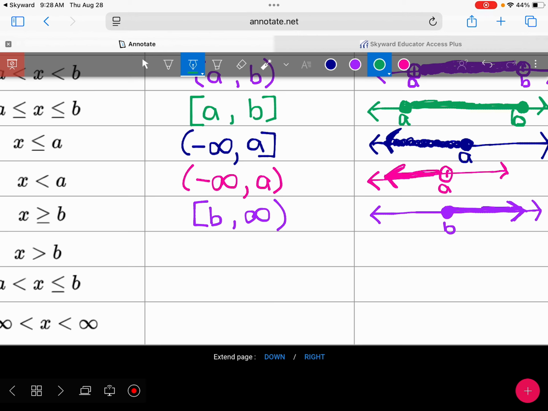The third one is a little extra weird. That was the very first one.